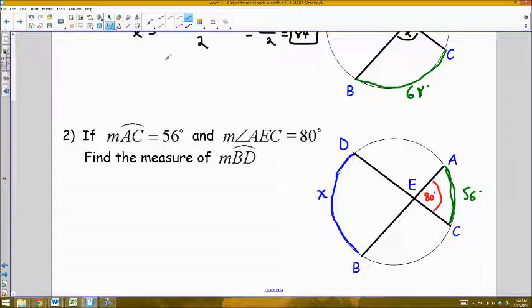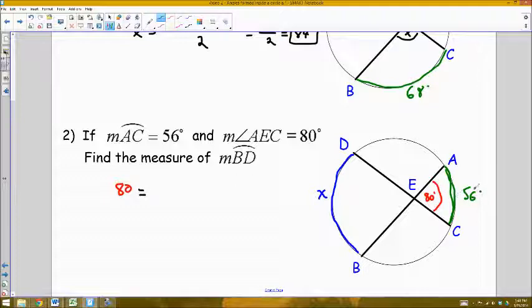Well, according to the relationship I've already stated, the measure of an angle, in this case AEC, is equal to the average of the two arcs.